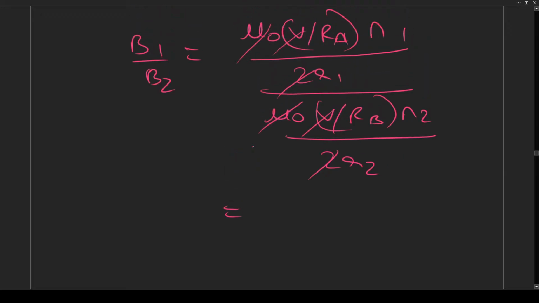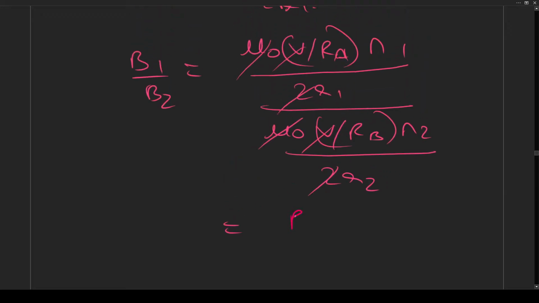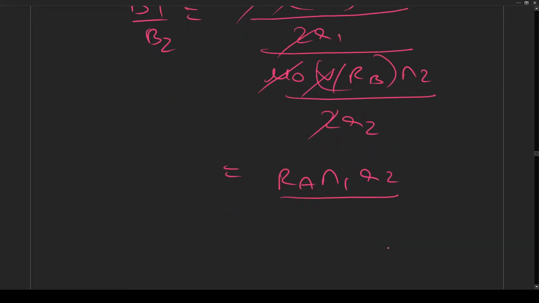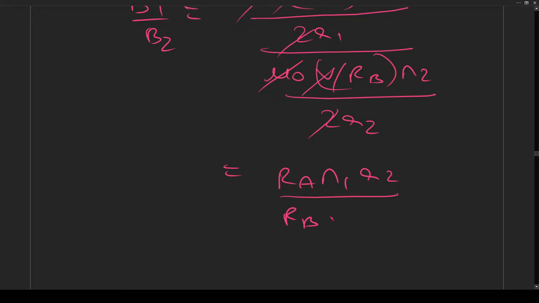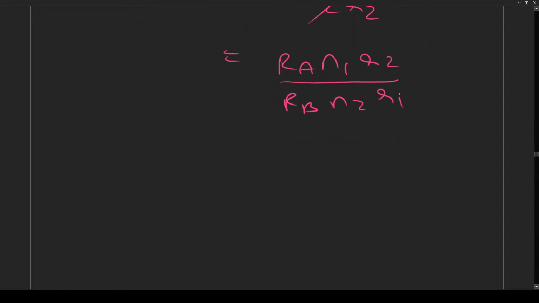Remaining is R_A by R_A... yes, it is R_A N1 R2 by R_B N2 R1, where N1 by N2 and R1 by R2 were given already.